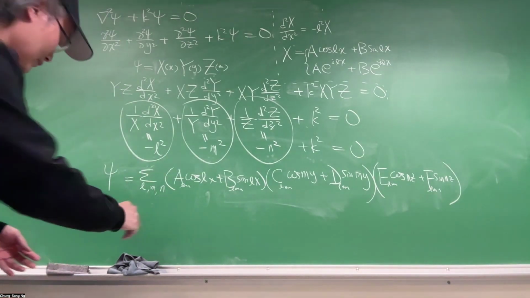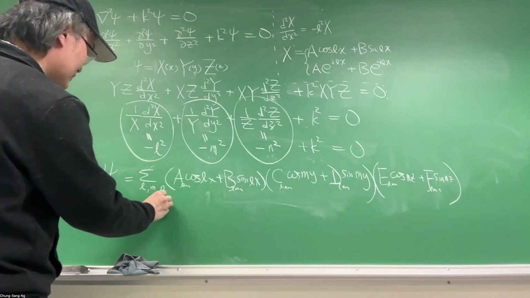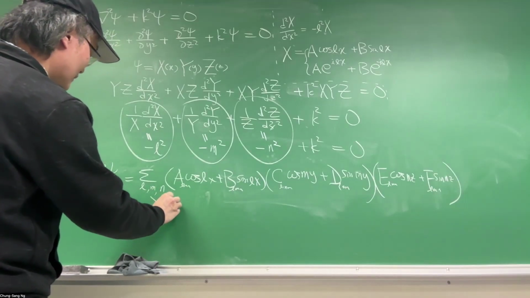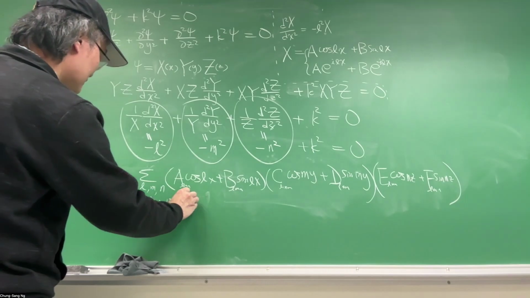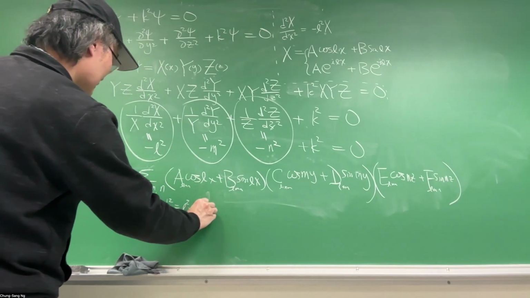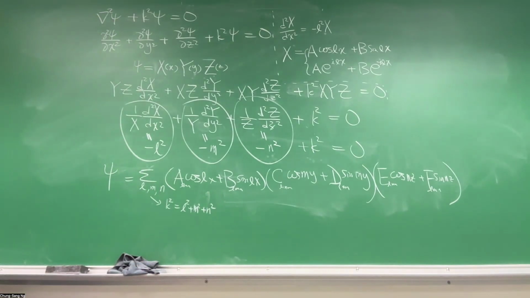That's the general idea, and I should say the summation is subject to the constraint k squared equals L squared plus m squared plus n squared.